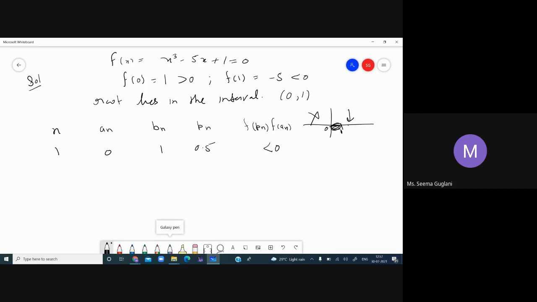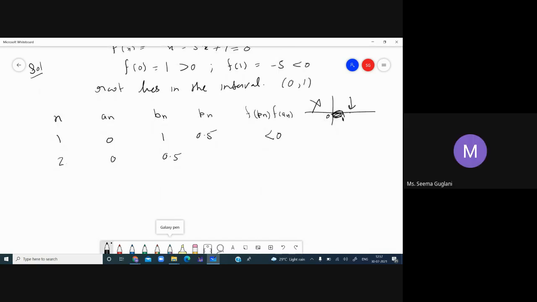On the basis of this, it means my next interval would be, since pn and an are of the same sign, 0 to 0.5. Clear?